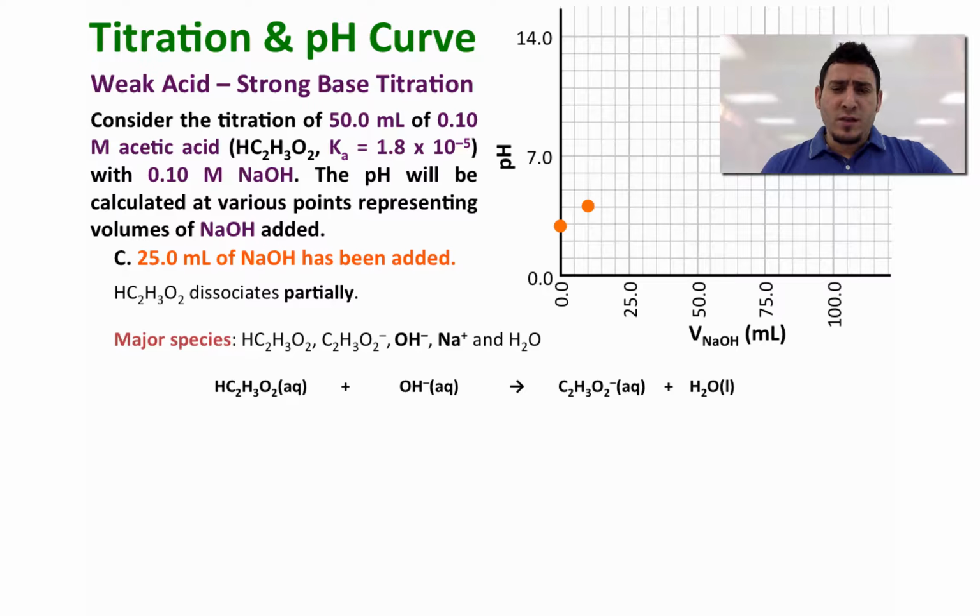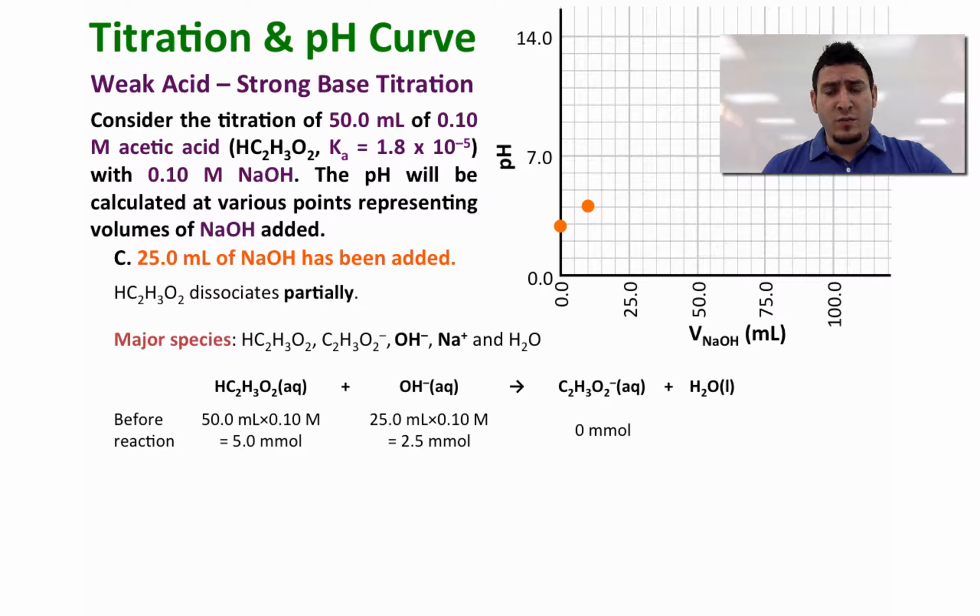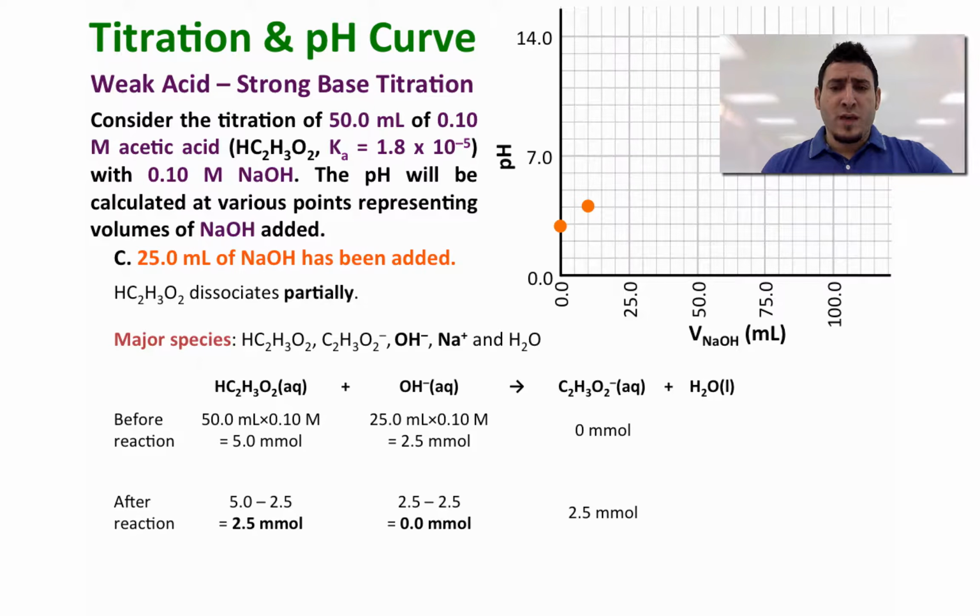Looking at the stoichiometry, the number of mole of OH minus is now more than before, 2.5 millimole, and the number of mole of acetic acid is still the same, 5 millimole. Again, the hydroxide is the limiting reactant and it will be completely consumed, and the remaining acetic acid is equal to 2.5 millimole, and now I formed more acetate, so I have 2.5 millimole of acetate as well.